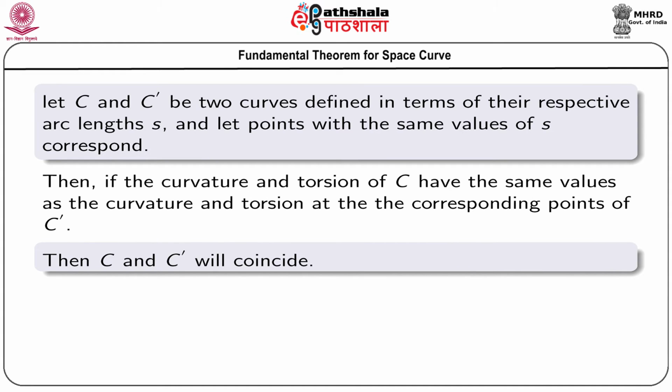Then, if the curvature and torsion of C have the same values as the curvature and torsion at the corresponding points of C dash, then we can claim that C and C dash will coincide. Now, how are we claiming that? We will see in the following way.